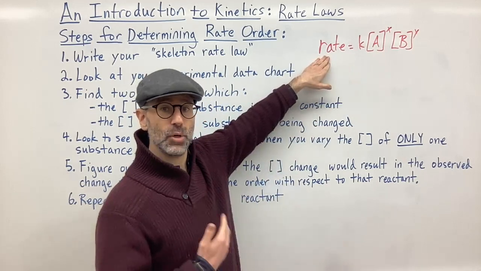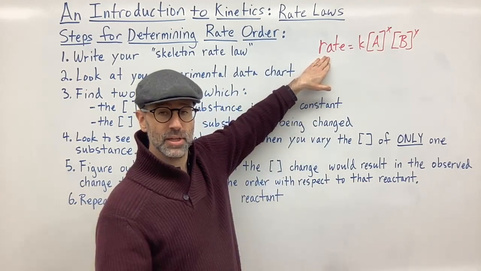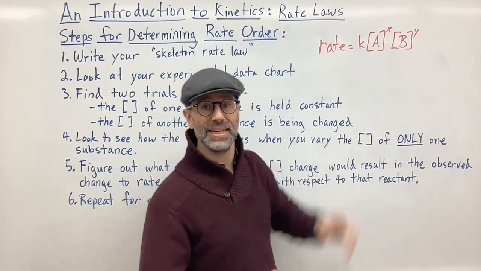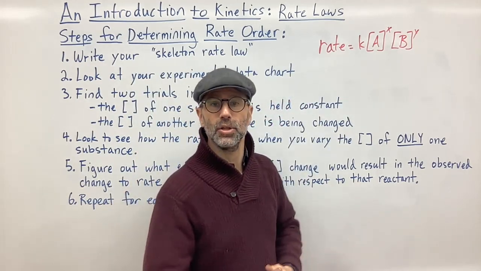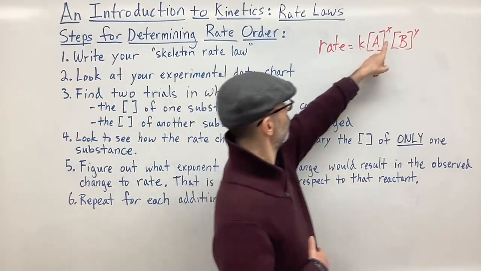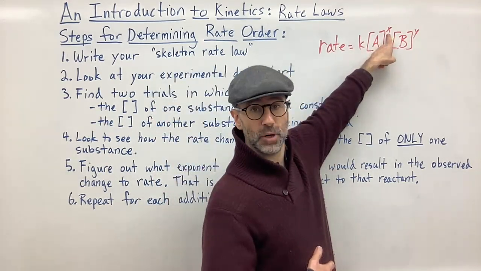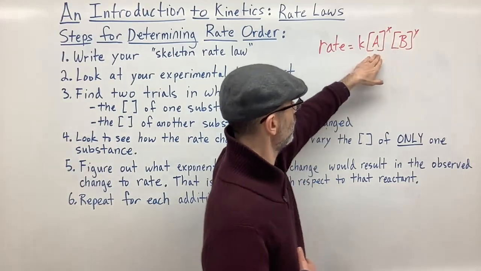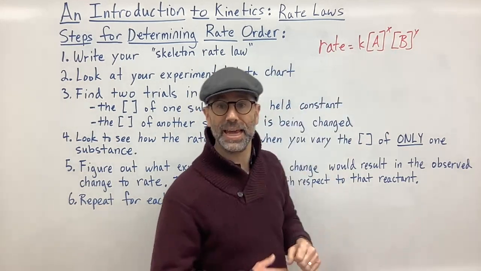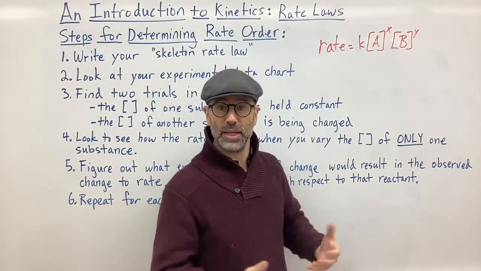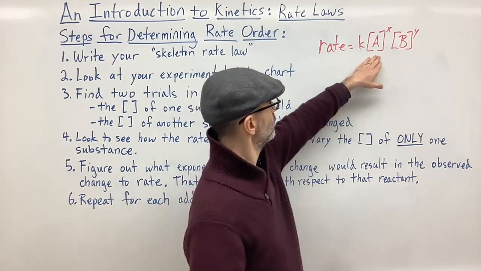Now, if the rate does not change, that means that the concentration of A is not affecting the rate. So that would be a 0 for my exponent, and anything raised to the power of 0 is 1. So basically, A would not be part of my overall rate law. So it would be dropped.